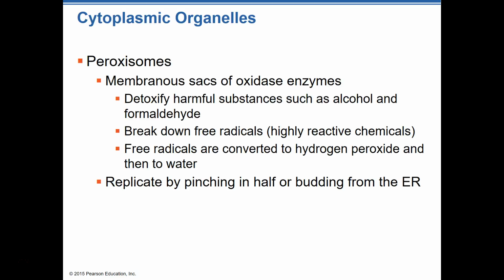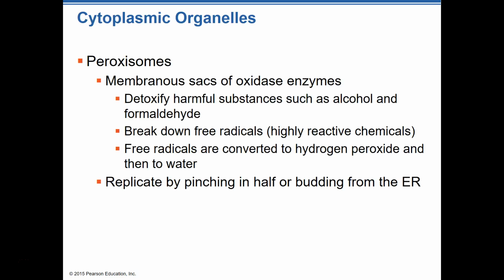So peroxisomes are membranous sacs of oxidized enzymes, and they also do some detoxification and clearing out of stuff. But mainly what they do, they deal with alcohol and formaldehyde. They break down free radicals and typically convert them to hydrogen peroxide and then water, and then get rid of them out of the body.